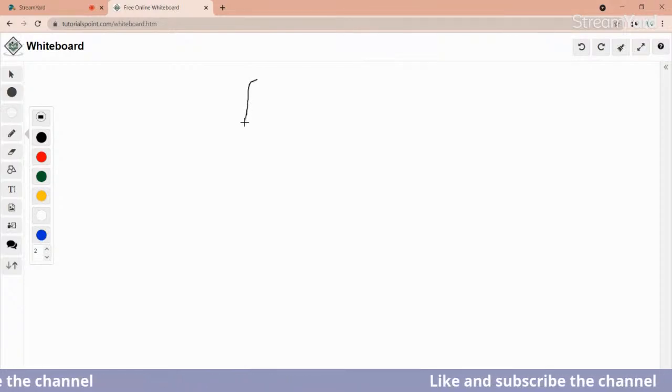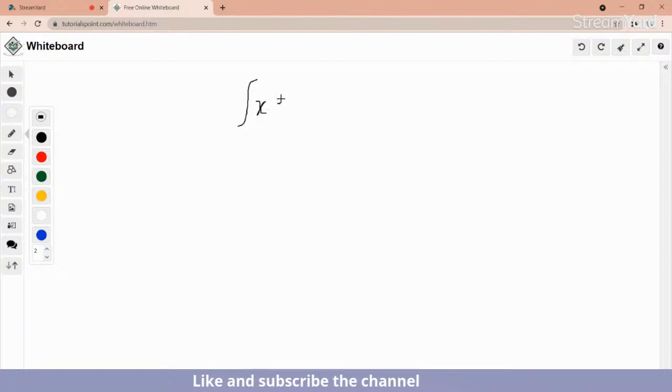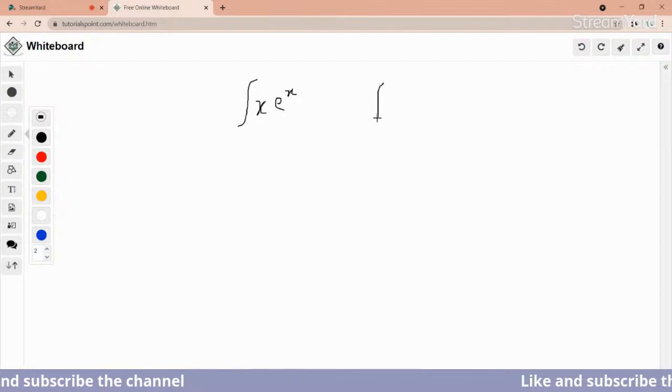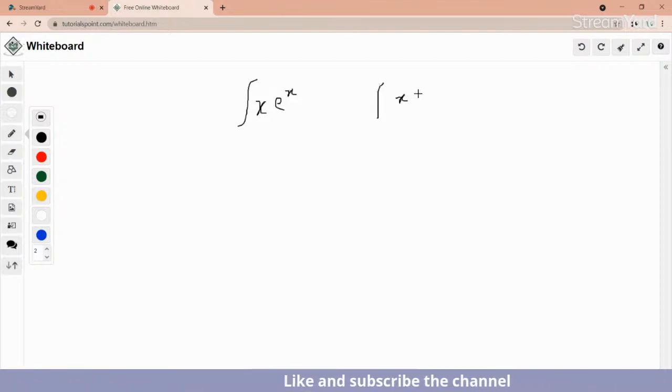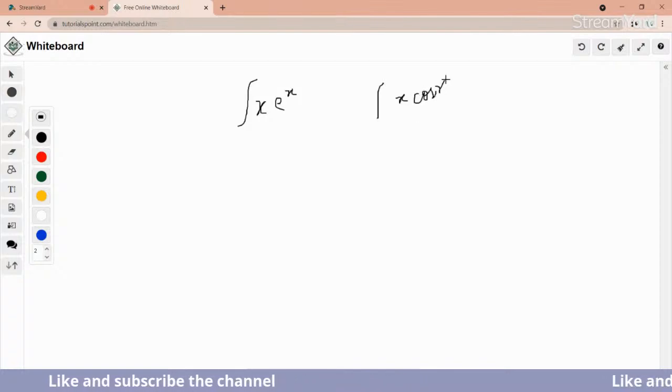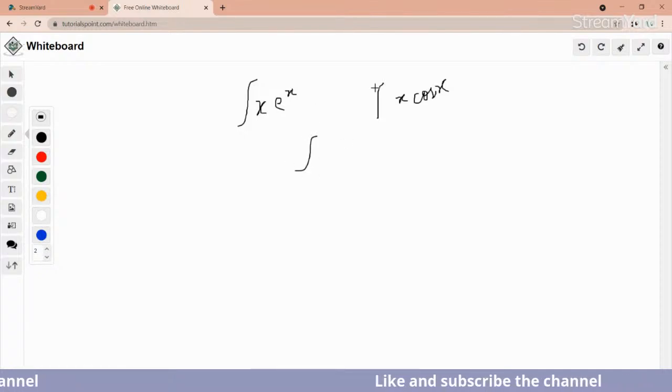Suppose you get a sum like this, x cos x, or x into e to the power x, or x cos x, a completely different kind of thing which you cannot do directly.